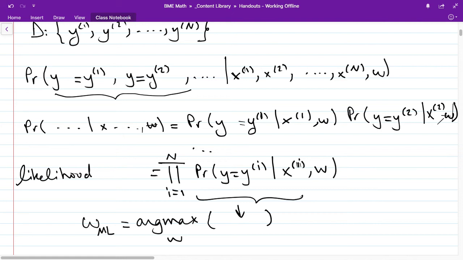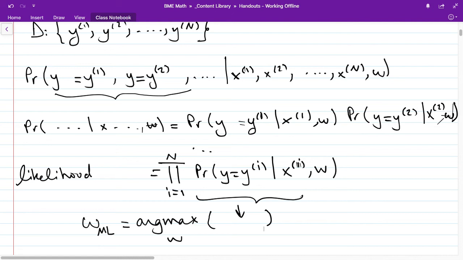And when I want to maximize the likelihood of observing this data, I am going to find the parameter w that makes this joint probability as large as possible. That's called maximum likelihood. What's the parameter value that maximizes the likelihood of the data that you actually have? Let me stop to see if you have a question about that. I'm going to go over the details of this in a minute, but that's the basic idea.